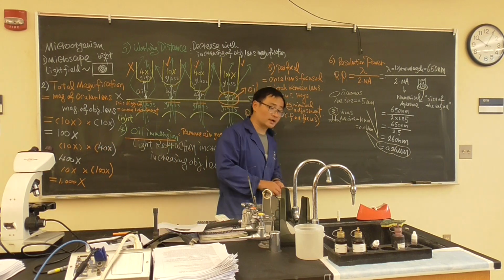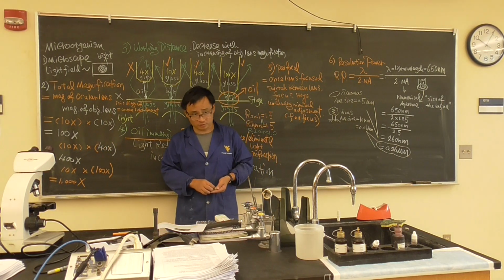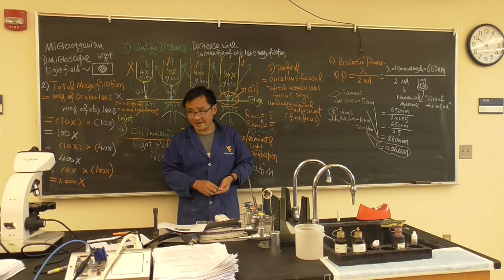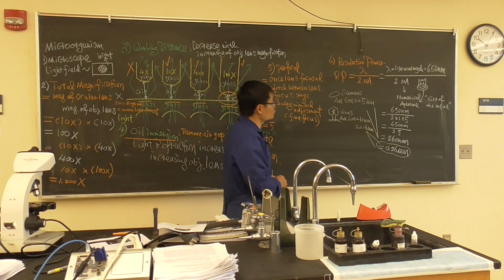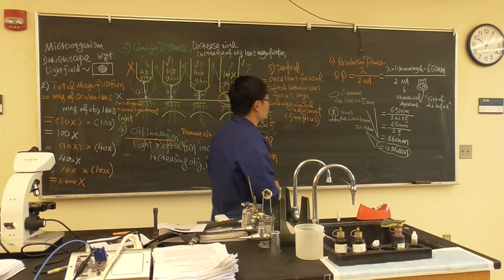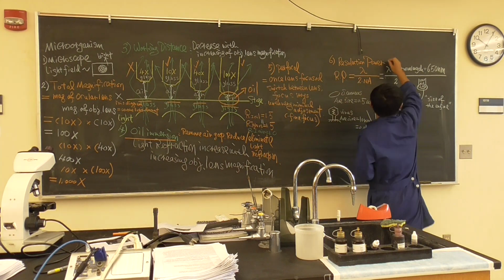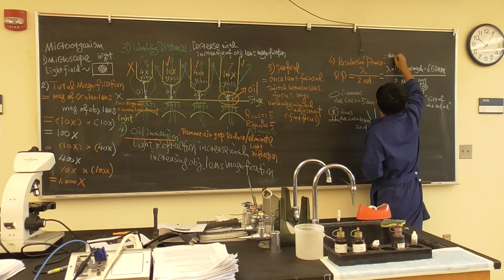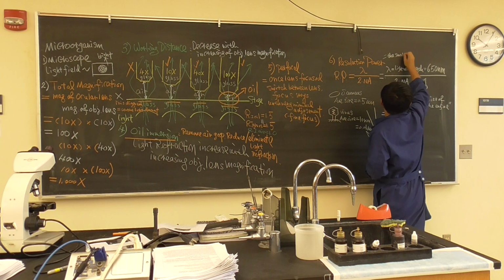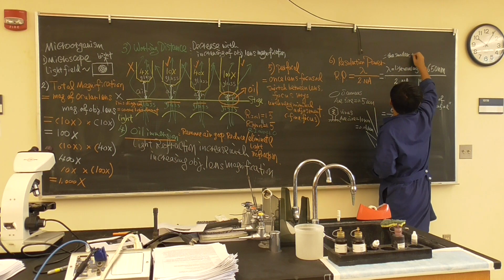We need an advanced tool, which is the electron microscope, because its resolution power, using electron magnets, is much smaller. By all means, the resolution power should be the smaller the better.